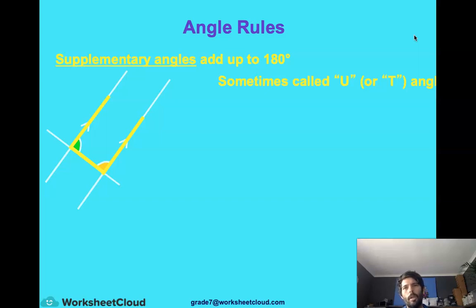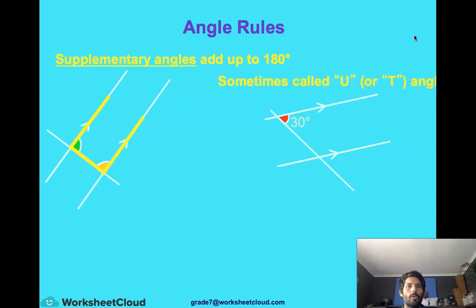So supplementary angles add up to 180. They are not equal. Your alternate and corresponding angles are equal, but your co-interior or supplementary or U angles add up to 180. Please recognize the difference and remember that.